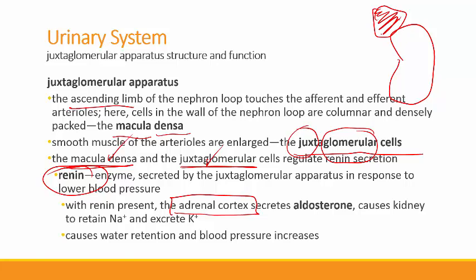We see the cortex of the adrenal glands, and that's the outer rind of the adrenal gland. That cortex releases a material called aldosterone. And with aldosterone around, the kidney will hang on to sodium ions, and it will excrete potassium ions.